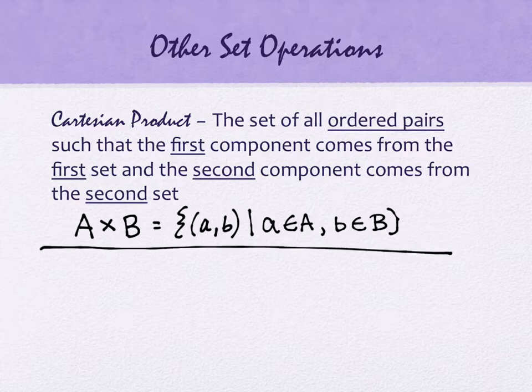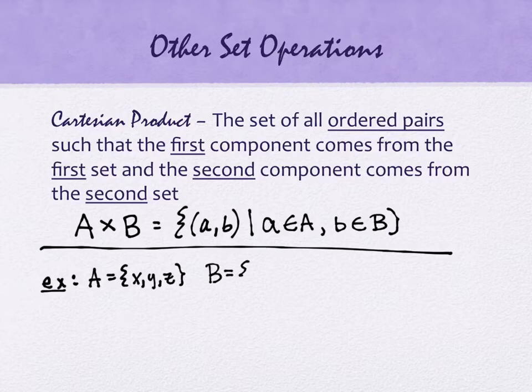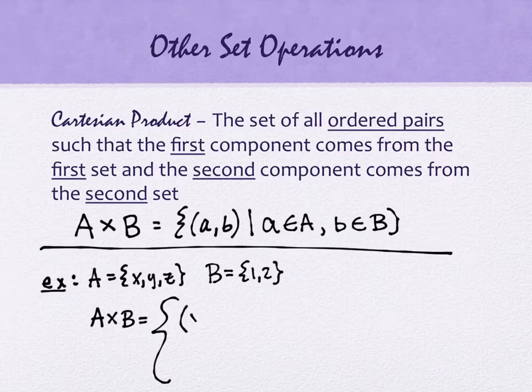So let me show you an example to explain how it's working. We're going to let set A be the letters X, Y, Z, and set B is just going to be our numbers 1 and 2. So if we're finding the Cartesian product A cross B, we're taking an element of A and pairing it up with an element of B. It's X1.